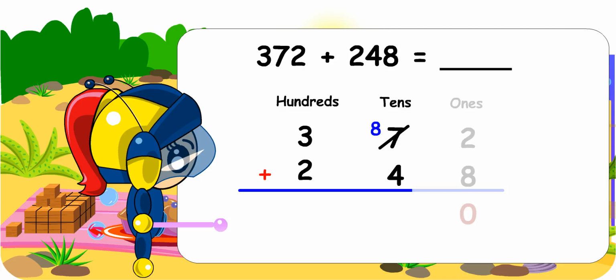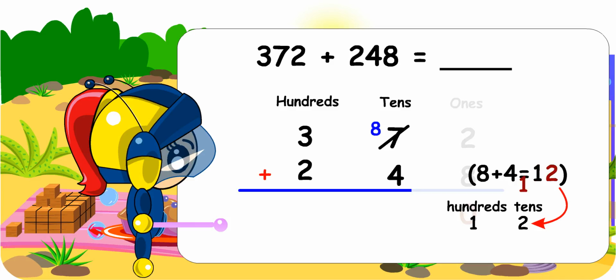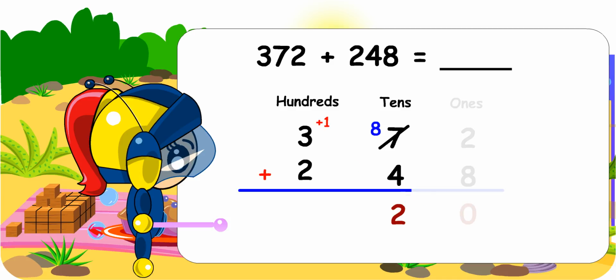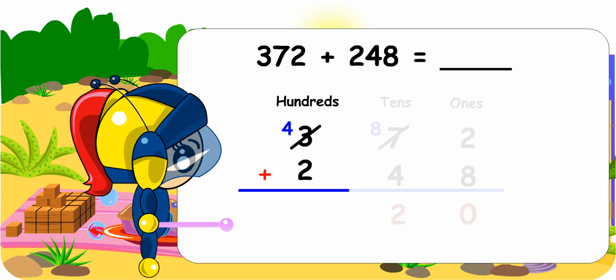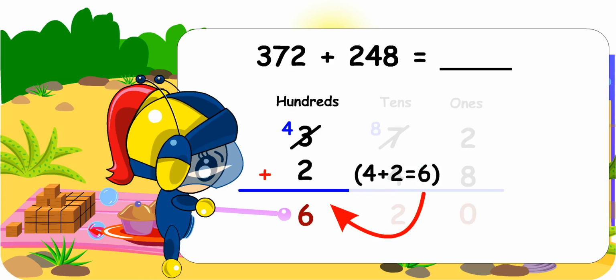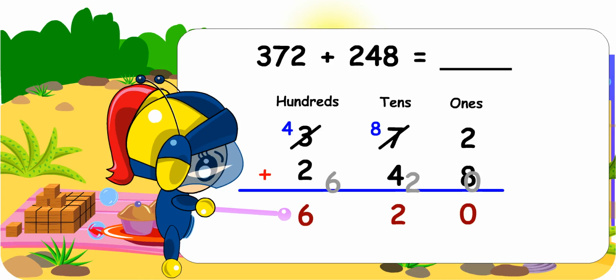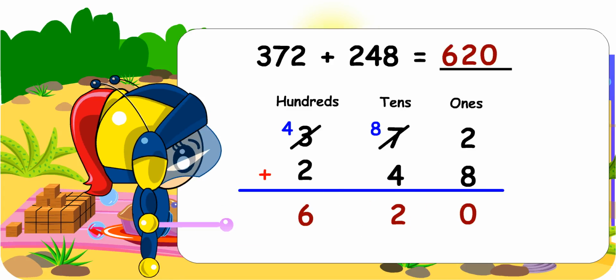Now, I add the tens. 8 tens and 4 tens equals 12 tens. 12 tens is 100 and 2 tens, so I have to carry 100 over. 100 plus 3 hundreds gives 4 hundreds. Finally, I add the hundreds. 4 hundreds and 2 hundreds equals 6 hundreds. Thus, the answer is 620. You are correct, clever girl.